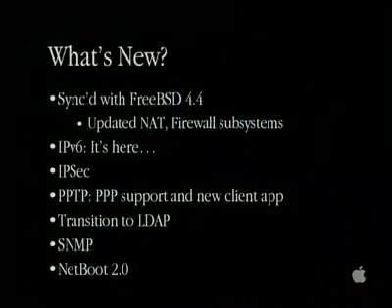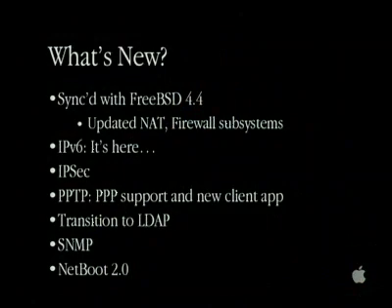As I mentioned, part of the Jaguar work is syncing up with the latest FreeBSD. But I think one probably more important issue in terms of really new features is the support for IPv6. So with Jaguar, V6 is built into the system. It's something you can start taking advantage of.